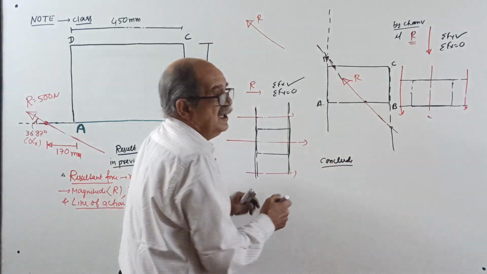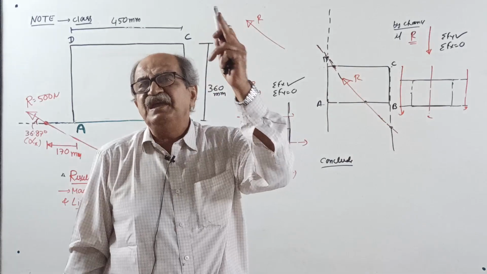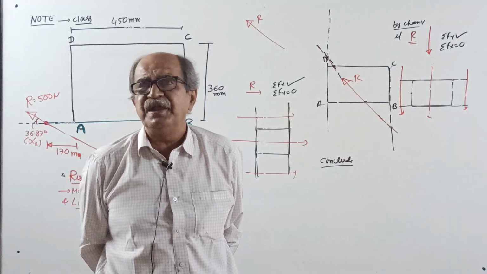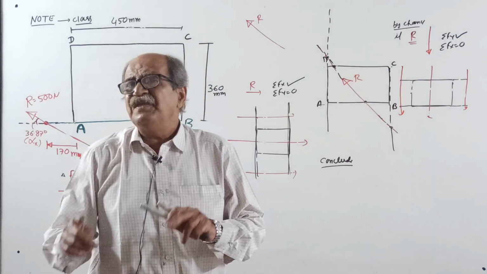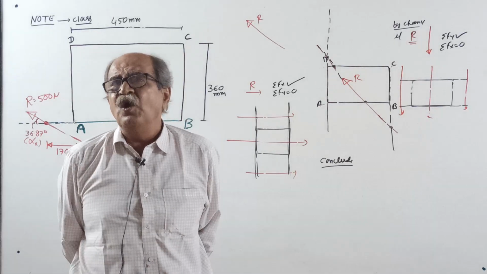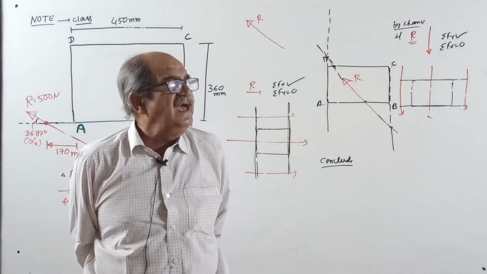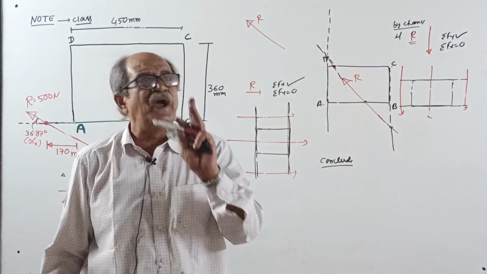Conclude. If the resultant is inclined, it will cut each and every horizontal line and each and every vertical line. Okay. Then you require just one point. That unknown point can be marked anywhere on a horizontal line, anywhere on a vertical line, at some distance from any reference point.